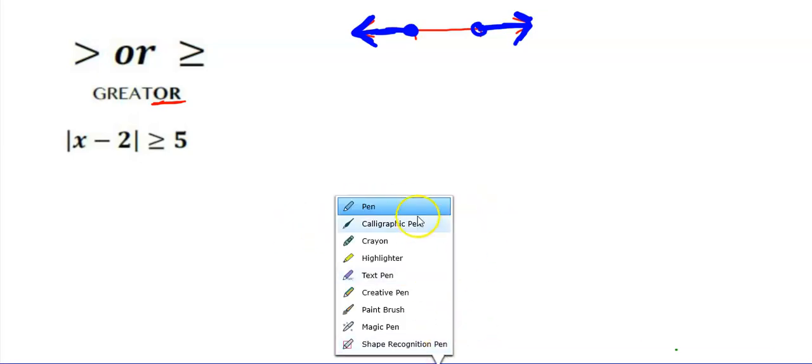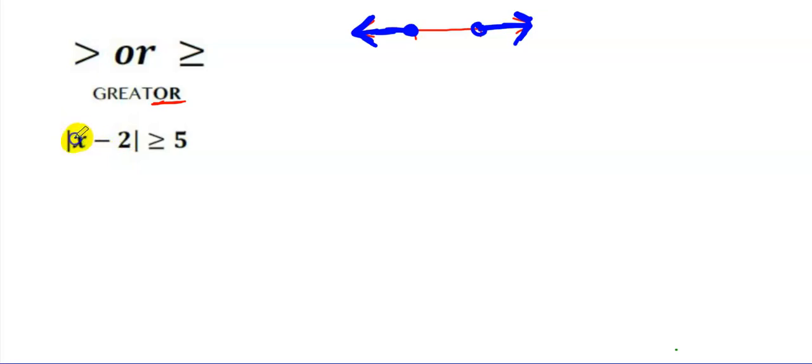So we'll highlight the absolute value like I did with the equations. This absolute value between the bars is already isolated. I don't have anything multiplied, and I don't have anything subtracted or added here. So it's already isolated. So now I can split it into two different inequalities. The first inequality is going to look exactly like it does here.